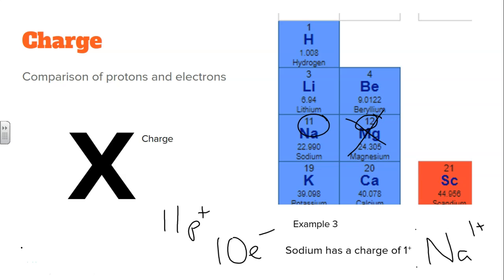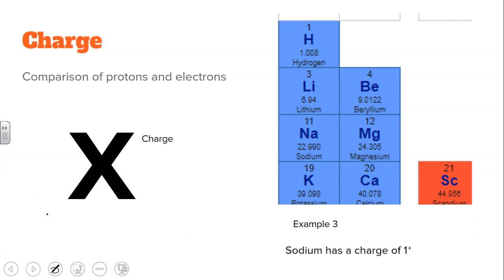Lastly, I want to indicate what happens if you have something that has a neutral charge, where the number of protons equals the number of electrons. It's quite possible that you have an element that has 7 protons and 7 electrons. That is going to cancel out in terms of charge to give you a charge of 0.